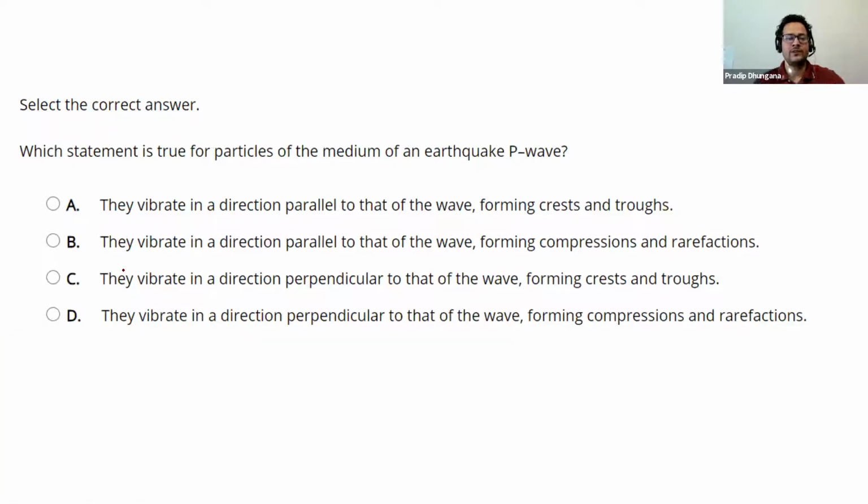The correct choice is they vibrate in a direction parallel to the wave, forming compression and rarefaction. The correct choice is B. So P wave is a longitudinal wave, and S wave is a transverse wave.